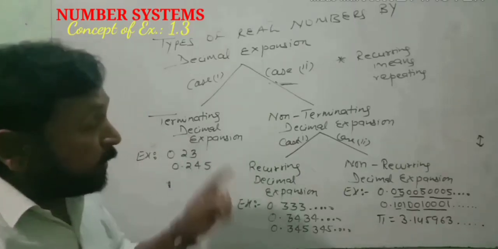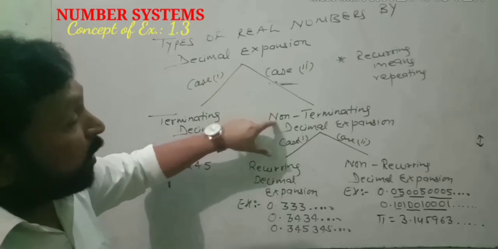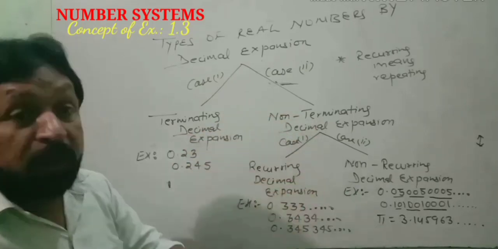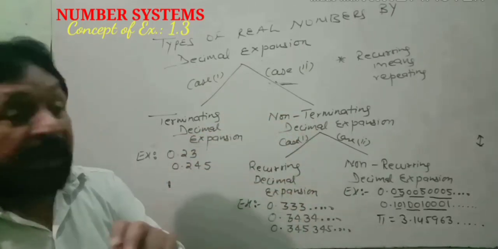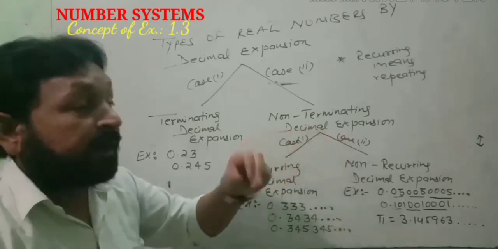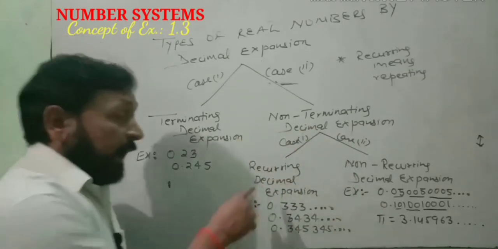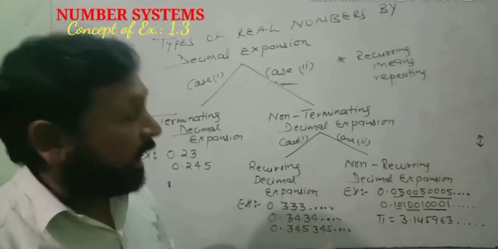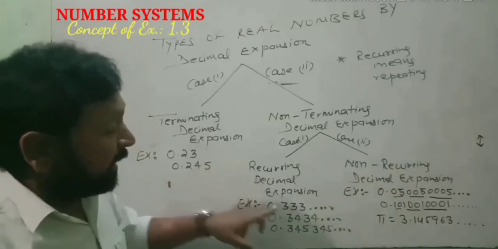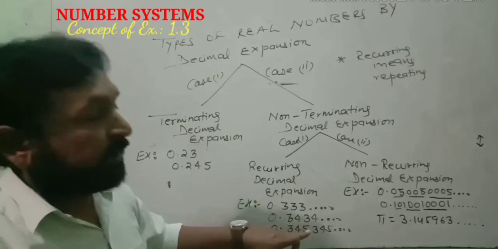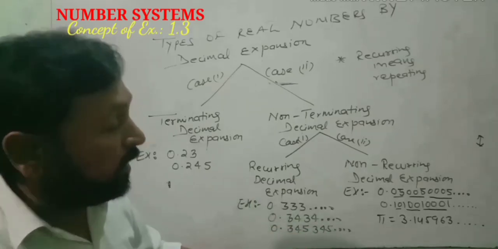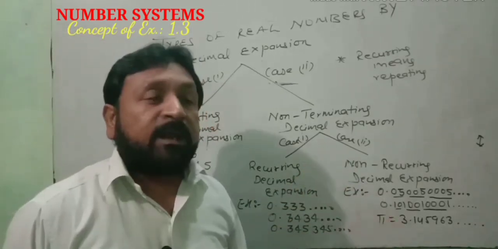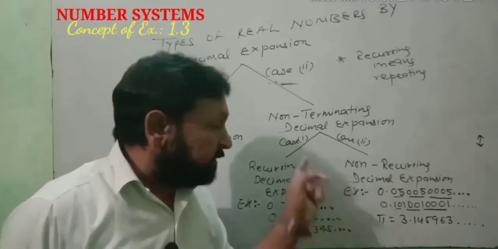And I told you again that in the case of non-terminating decimal expansion, two cases will arise. Case first and case second. How two cases? Either the digits will repeat themselves after the decimal, or the digits will not repeat themselves after the decimal expansion. Just see them once.